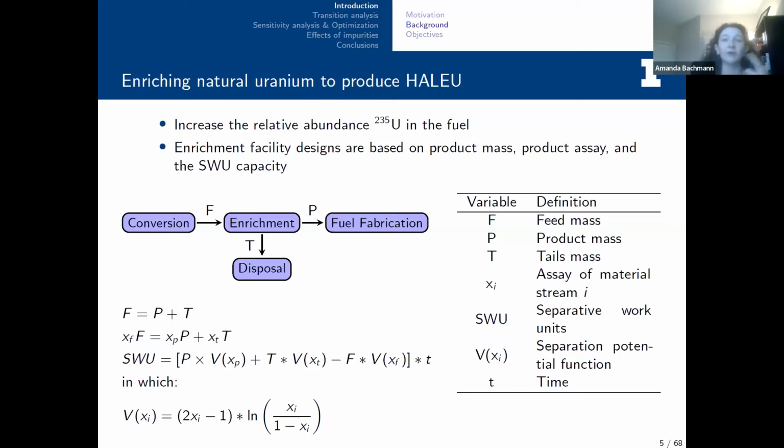But if by increasing the product assay, we can decrease that product mass, it becomes this balancing act as to which one has a greater change as to how much it affects the amount of feed material that we need. And we see a similar relation with that SWU capacity. So the product mass and the product assay, depending on how they move and how they change by changing the reactor designs that we're fueling, is going to drive the changes in that SWU capacity that we see.